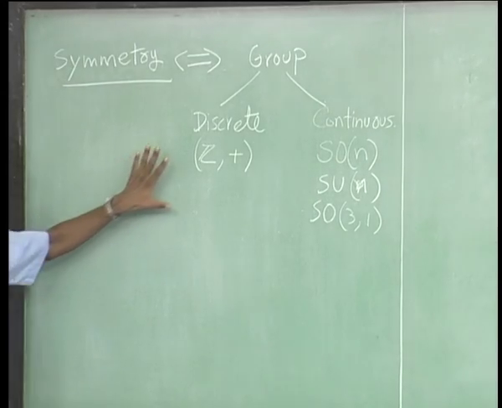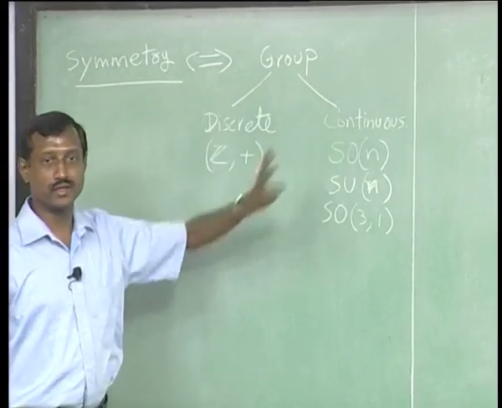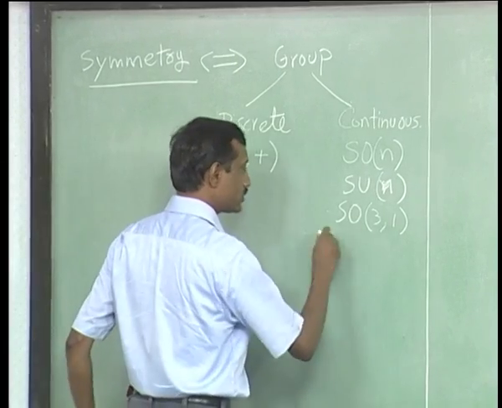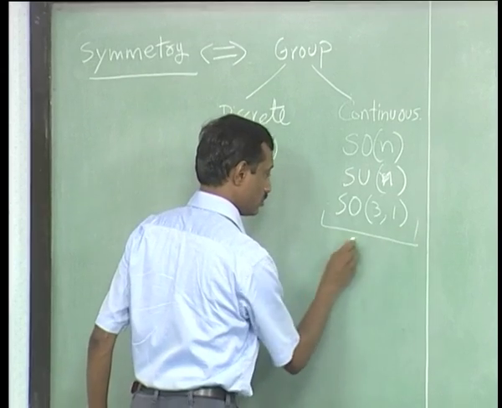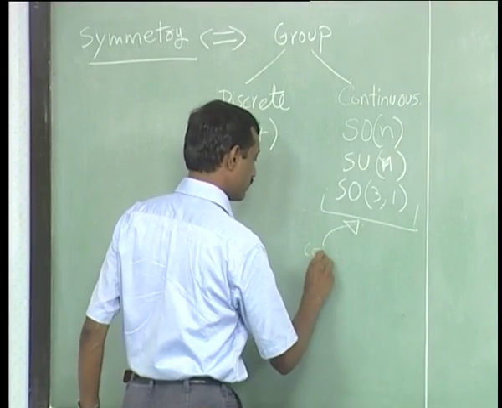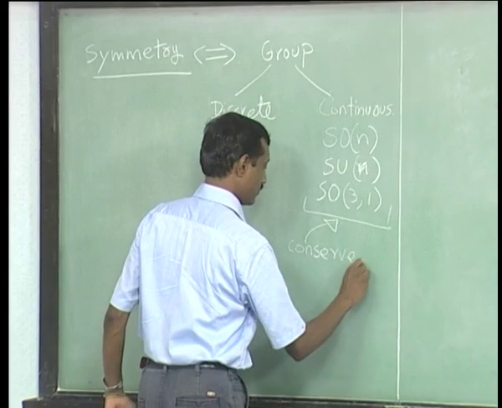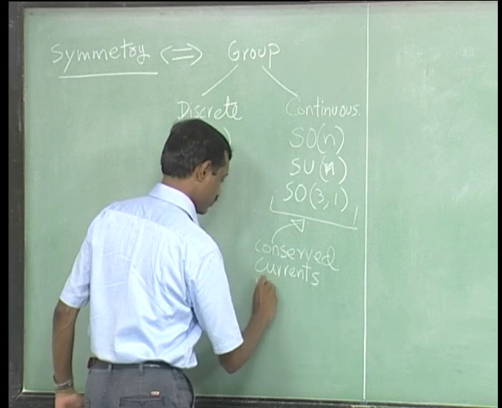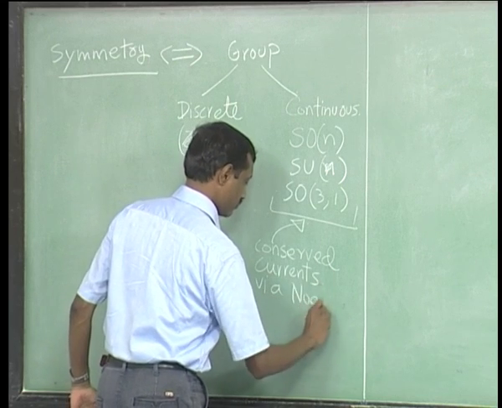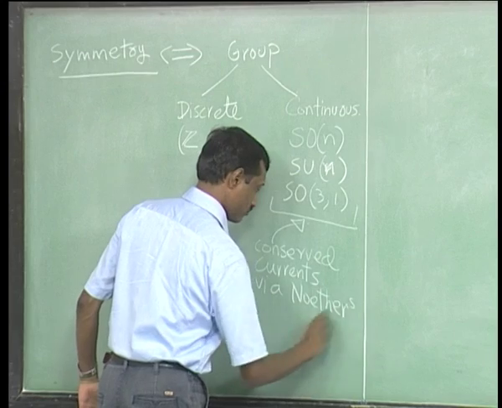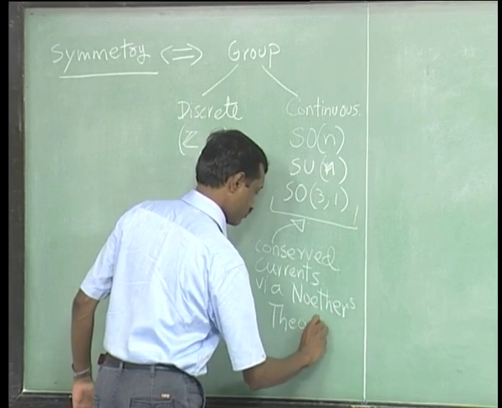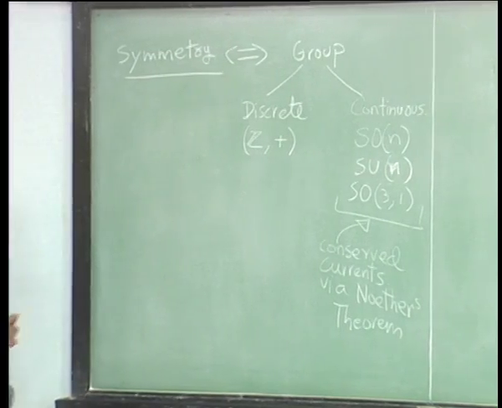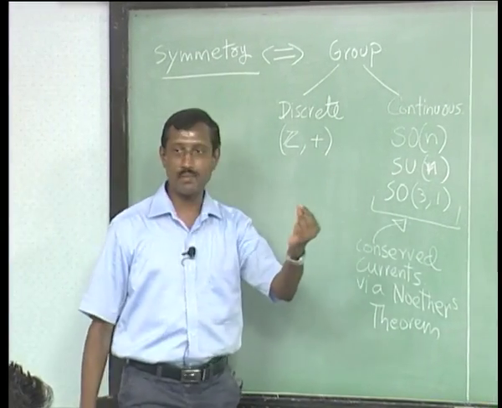So, symmetries also we will classify into these two categories, and the reasoning is, as I mentioned, Noether's theorem actually only refers to continuous groups: we will get conserved currents only for continuous groups, because here we have a notion of varying some parameter.